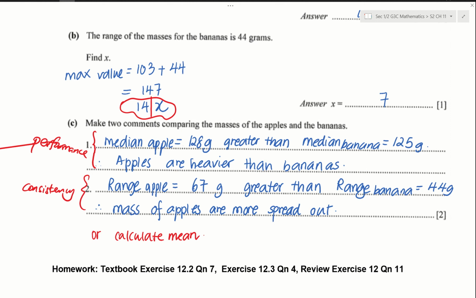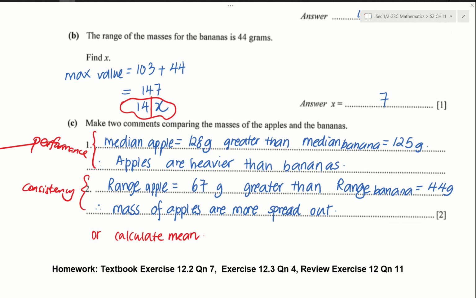The next one, range, apples, stated value 67 grams, greater than range, bananas, which is 44 grams.